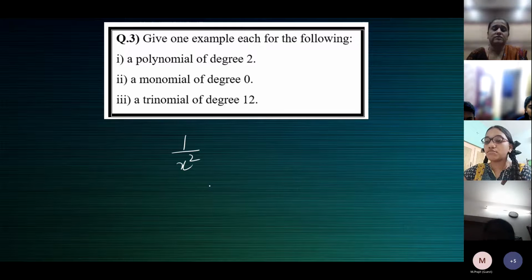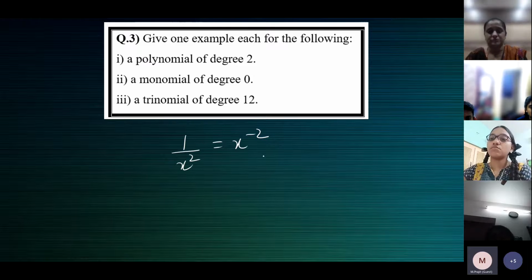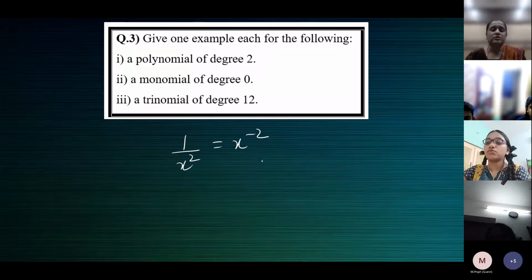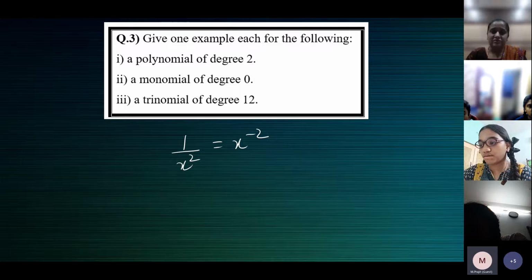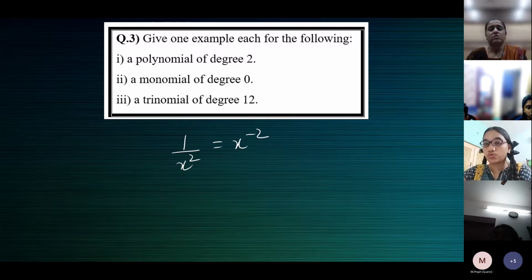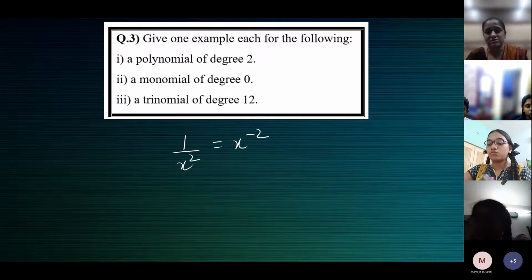No, ma'am. Because when you take it up to the numerator, it is x to the power minus 2. It's not a polynomial at all, because an expression is a polynomial only if the powers of the variables involved, x, y, z, are all whole numbers.